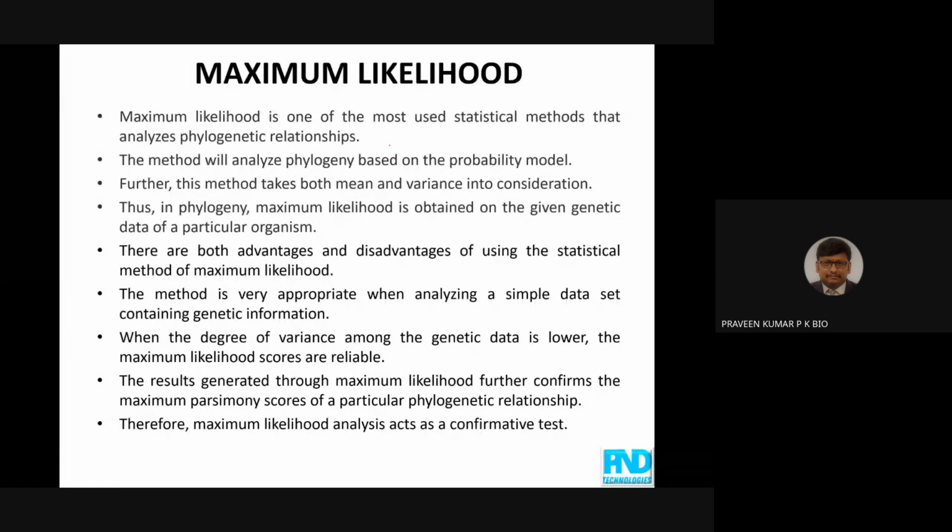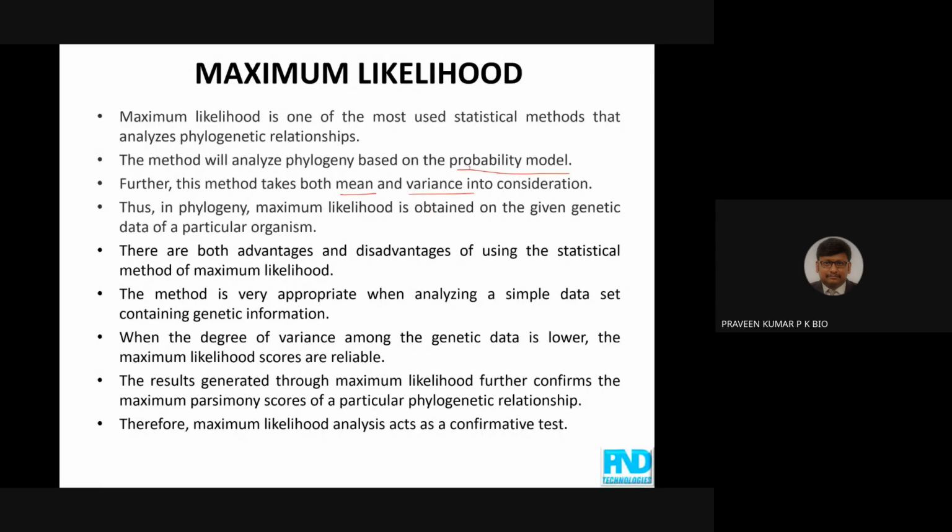If it is 92, 97, something like that, go with the likelihood. This is how we can see and understand. This method will analyze phylogeny based on the probability model. That's the difference between parsimony and likelihood. And this takes both mean and variance into consideration.